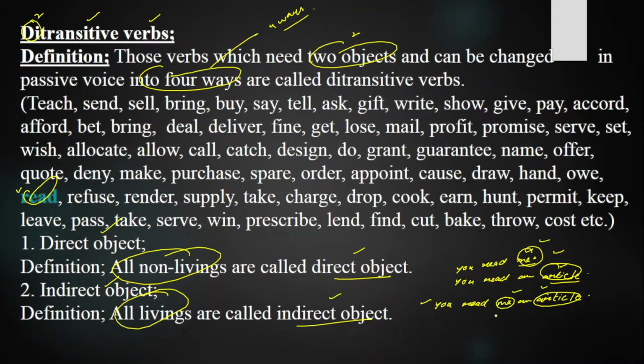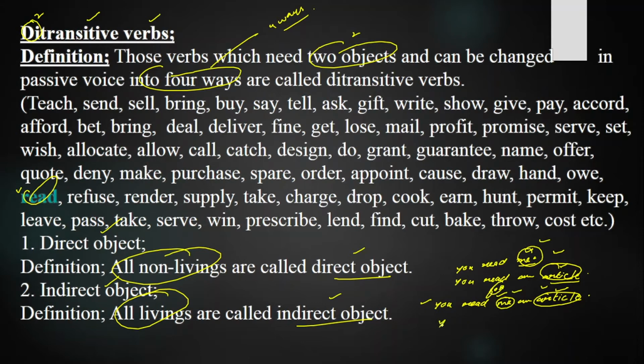In active voice, if you want to shuffle the places, mostly we bring the indirect object at the beginning and the direct at the end, but if you want to shuffle the places, like me in the place of article and article in the place of me, your indirect object, me, will be followed by a preposition, and that is what? For.